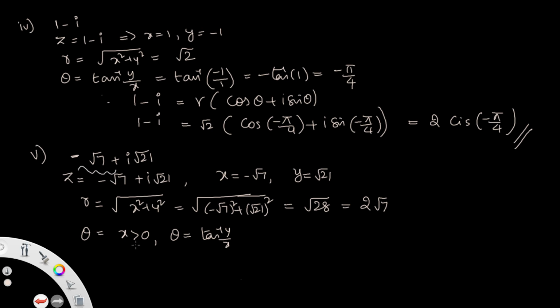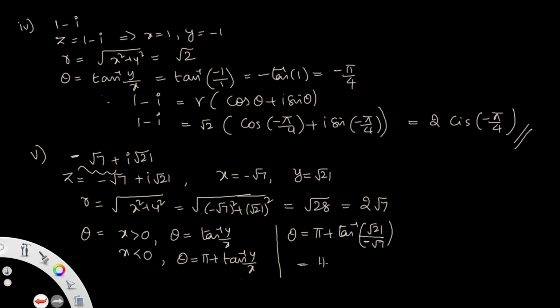But here x is negative. So x is negative means theta equals pi plus tan inverse y by x. Y means root 21 by minus root 7. So this can be written as pi minus tan inverse of 21 by 7, that is root 7 into root 3, so pi minus tan inverse of 1 by root 3.